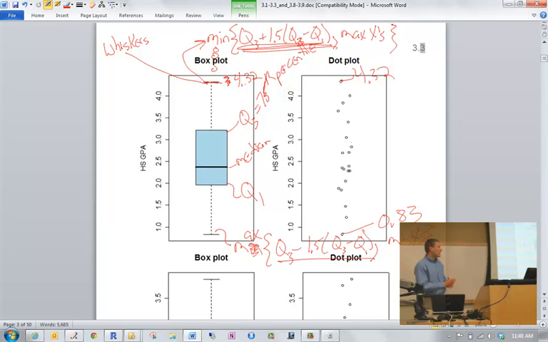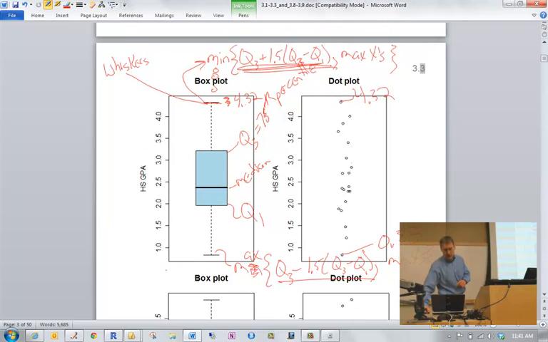Also, you see the points are moved a little bit in the horizontal direction. That corresponds to what's called in statistics jittering. Points are jittered to avoid overlap. And all it is is a little random quantity added in the x-axis direction to help avoid that overlapping.